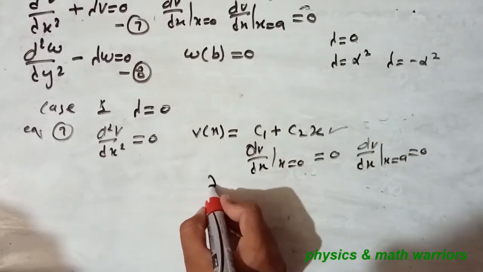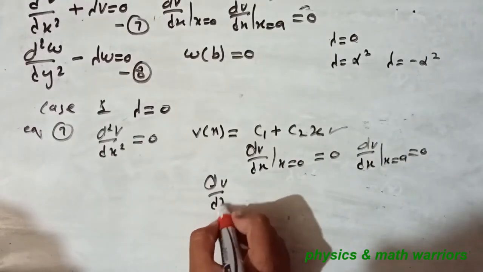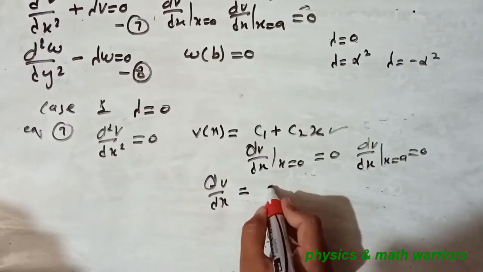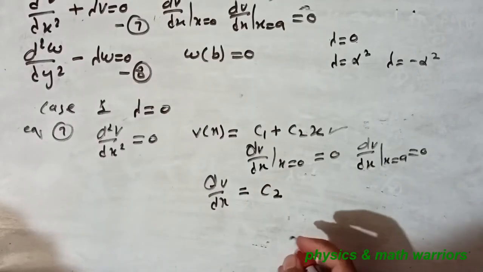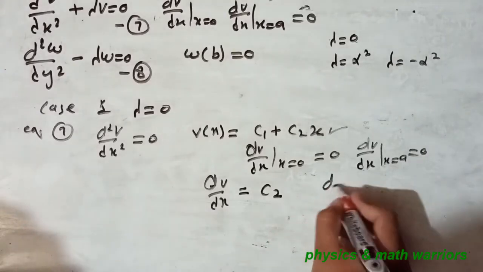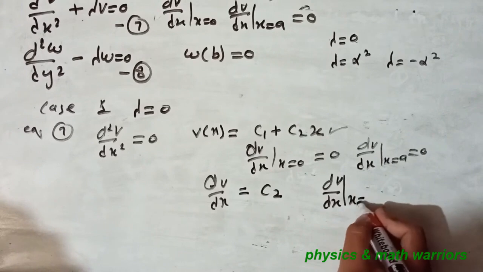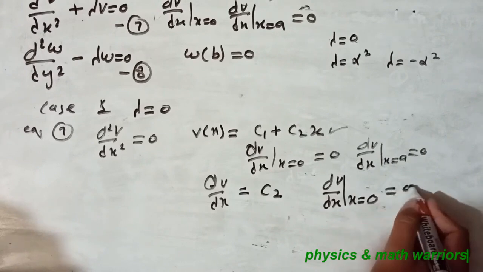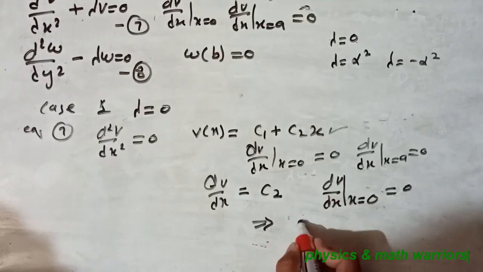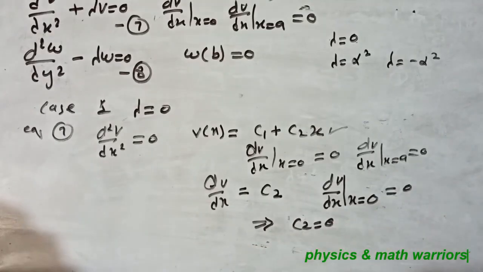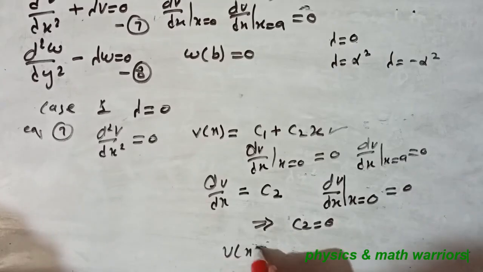This becomes dv over dx is equal to c2. Now applying dv over dx at x is equal to 0 is equal to 0 implies c2 is equal to 0. So v of x is equal to c1.